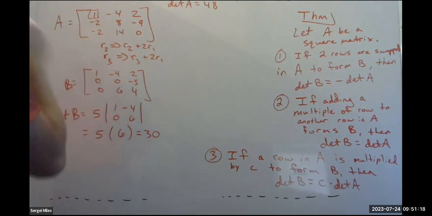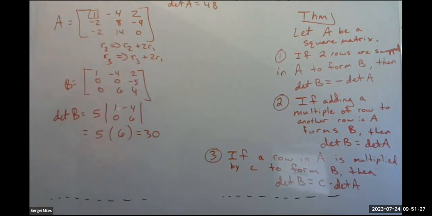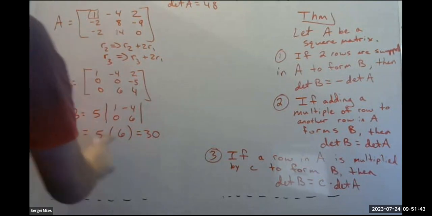Yep. 2 times 2 is 4, when we add, we get a 4 there. Okay. Positive, negative, so positive 5. 1, -4, 0, 6. 6 minus 0, 5 times 6, 30. Interesting. Okay, this all looks correct.